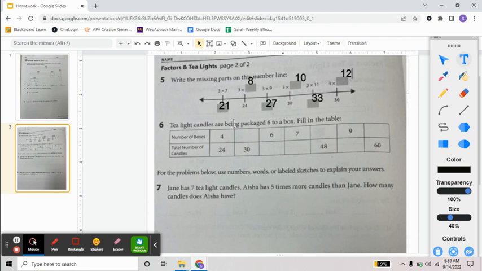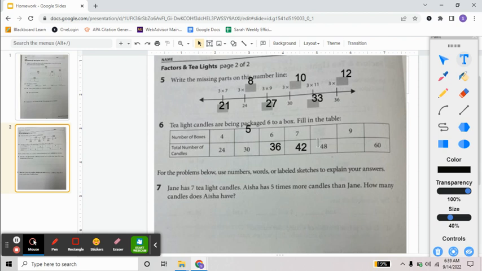Tea light candles are being packaged 6 to a box. Fill in the table. So if 4 times 6 equals 24, then our next number times 6 that equals 30 would be 5. 6 times 6 is 36. 7 times 6 is 42.